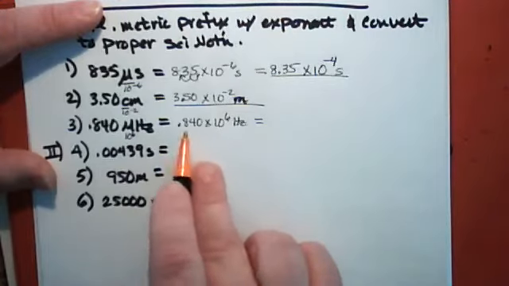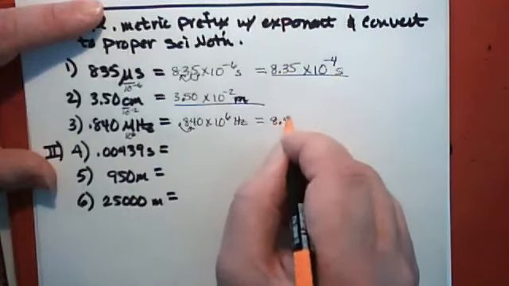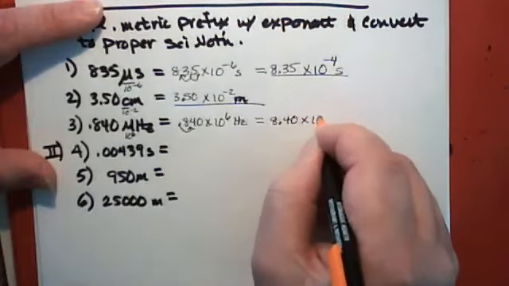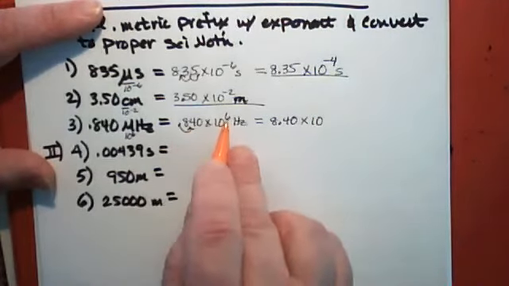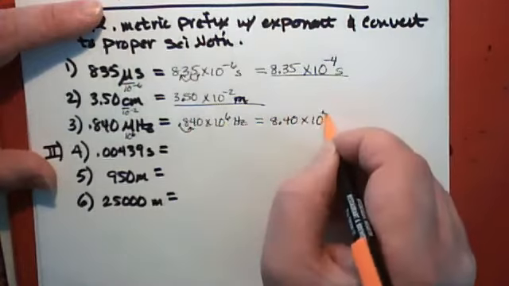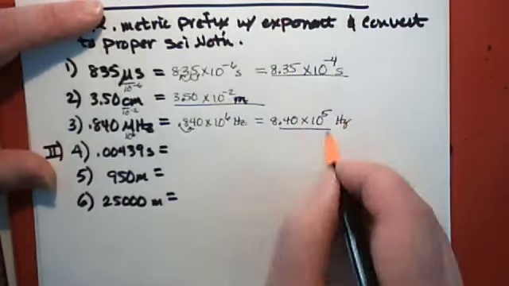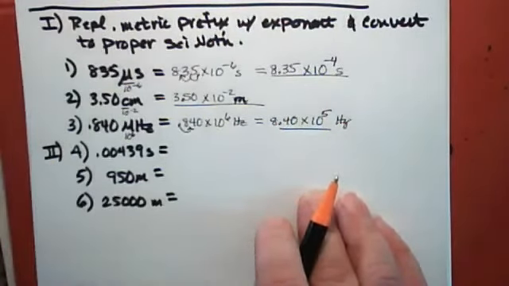So we have to move the decimal point 1 place to the right, which gives us 8.40, which is between 1 and 10. Now, moving the decimal point made this part of the number bigger, so we have to make the exponent smaller. So 8.40 times 10 to the 5th hertz would be the proper scientific notation.